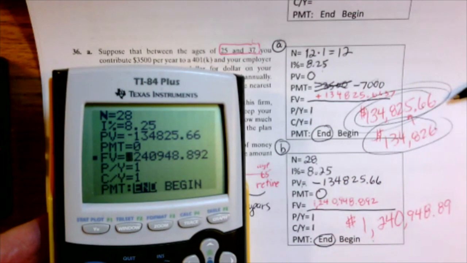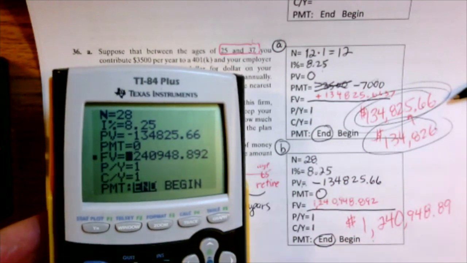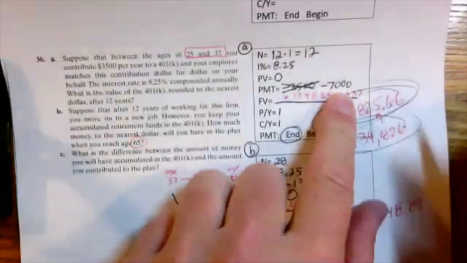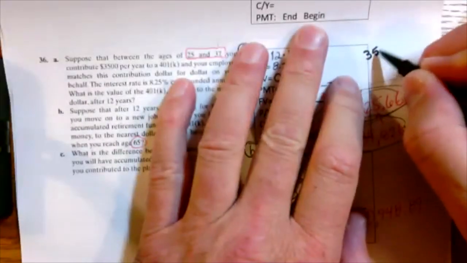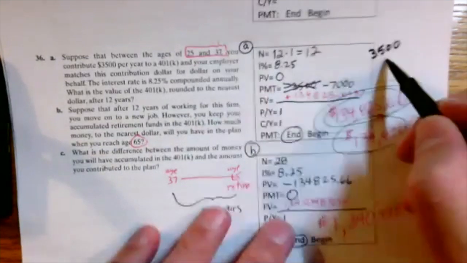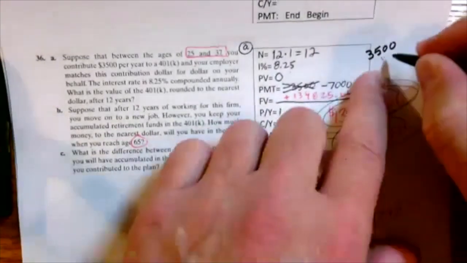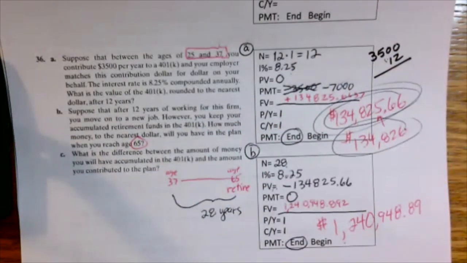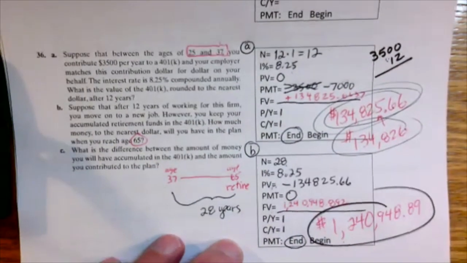And if you think about what you invested in this entire 40-year period, you put in 3,500. Your employer matched it with 3,500, but this is all you had to contribute for 12 years. That's it. And this is how much you end up with at the end.